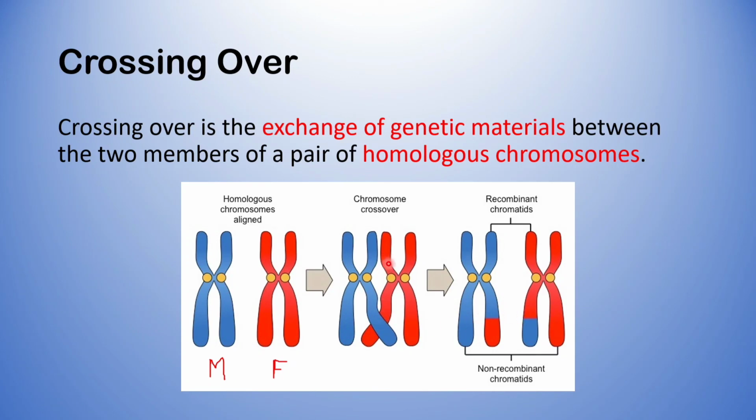After the exchange of the genetic material, the maternal chromosome gets shared with the paternal material, and the paternal chromosome gets shared with the maternal material. So the genetic materials of them are exchanged, and these are the homologous chromosomes, as you can see. So this is only crossing over, nothing more.